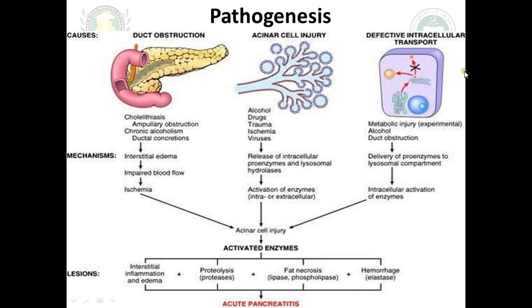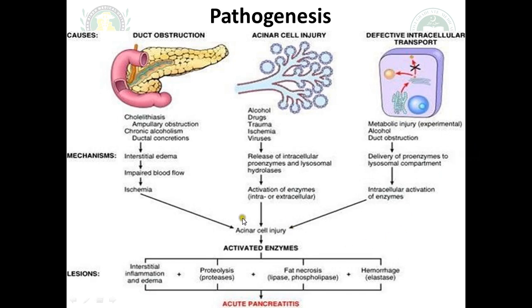The third is defective intracellular transport. So whenever there's a metabolic injury or there's a duct obstruction, it can itself directly affect the intracellular transport system, and as a result it can also lead to acinar cell injury.